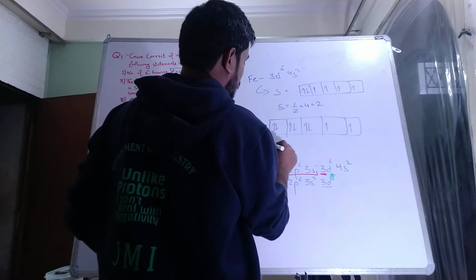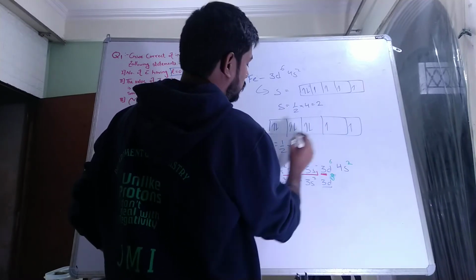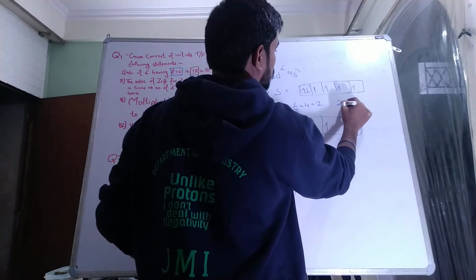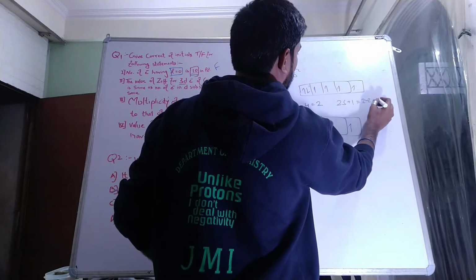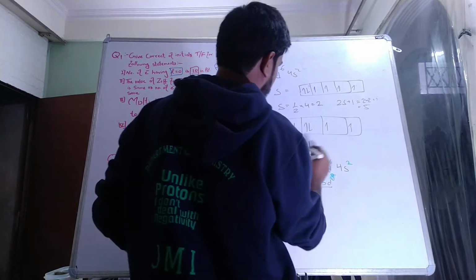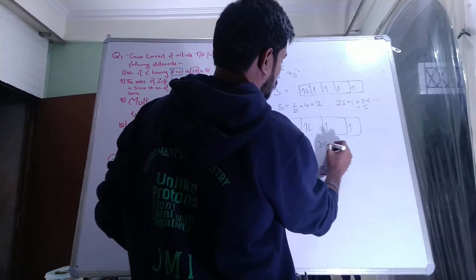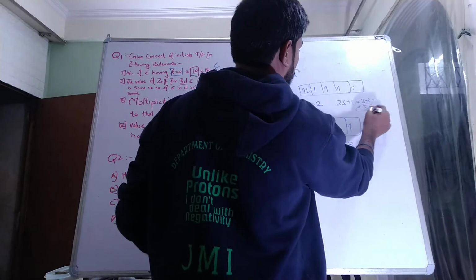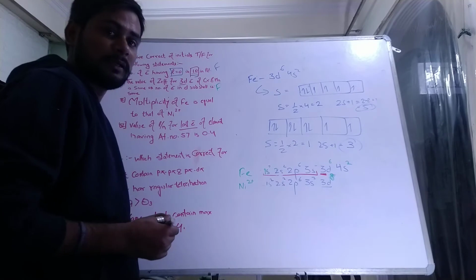So S will be half multiplied by the number of unpaired electrons, which is 2, so it will be 1. And 2S plus 1 is 2 into 2 plus 1, equal to 5, and for nickel 2+, 2S plus 1 will be 3. So both are different. So this statement is also false.